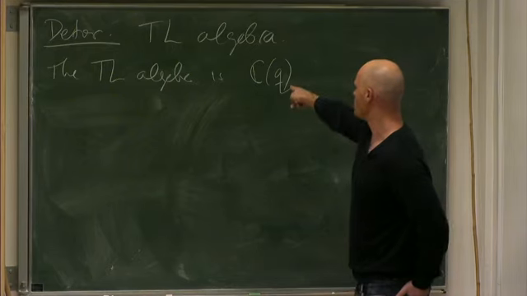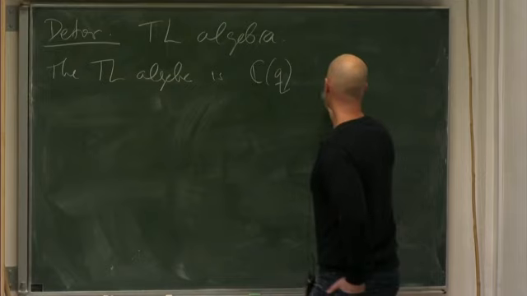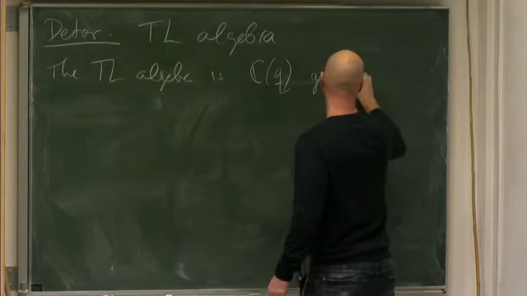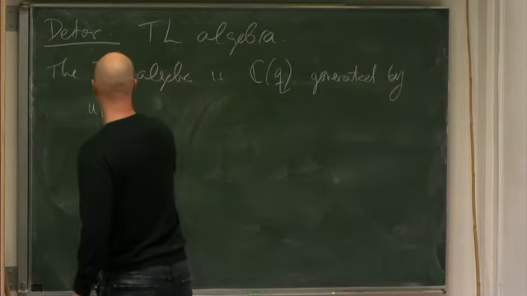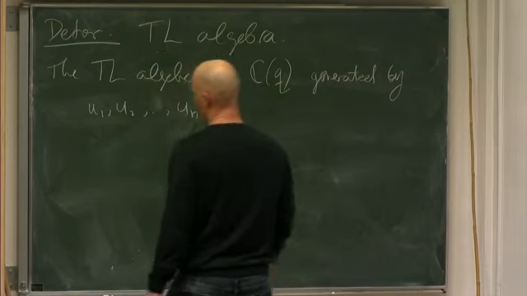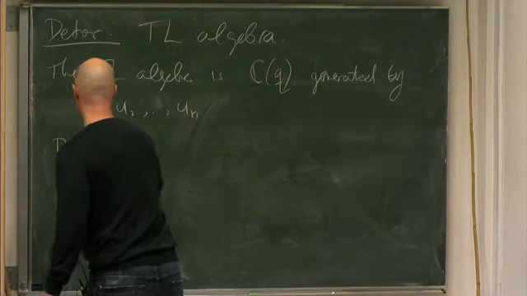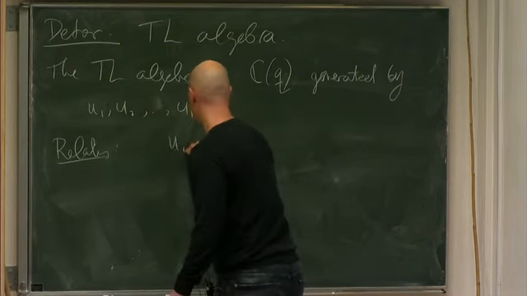So this is the field that our algebra is going to be defined over. And the Temperley-Lieb algebra is generated by, so the generators there are n-1 of them. And the defining relations these generators satisfy are the following.